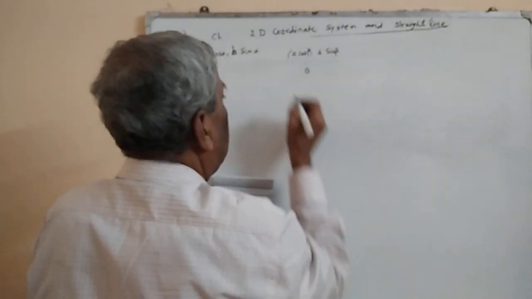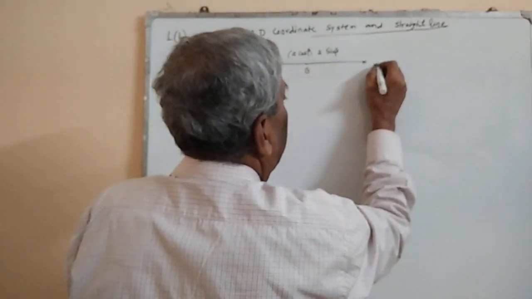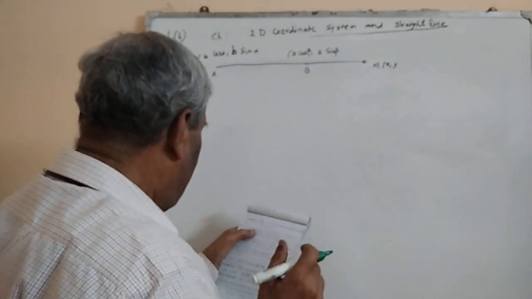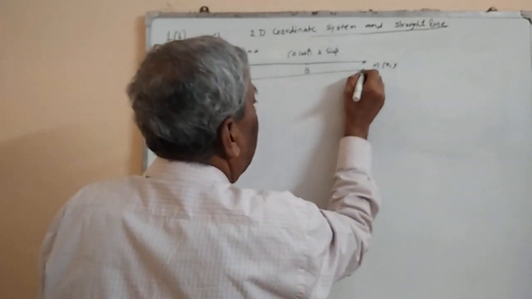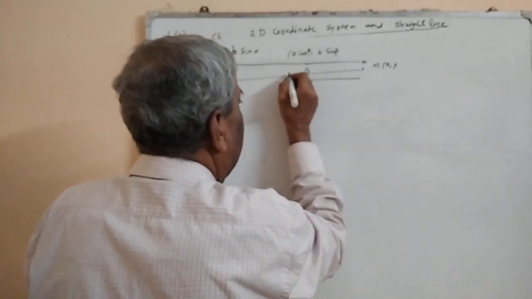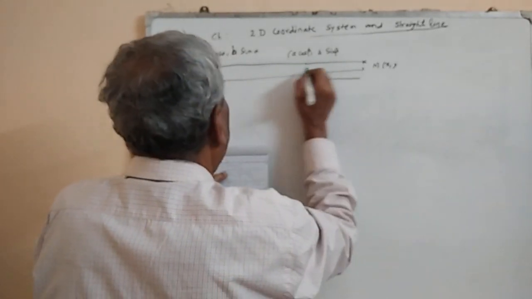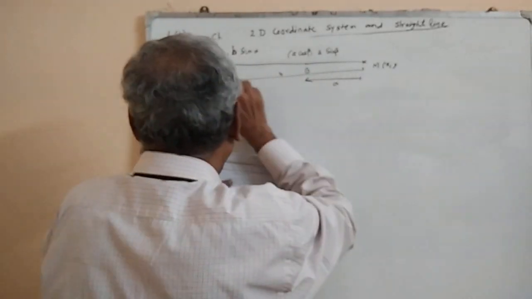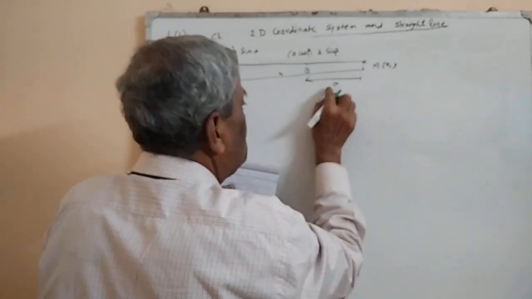AB is produced to meet M on xy such that AM is to MB. From A to M, this length, and M to B, this length, is B is to A. That length is B and that length is A. So AM is to MB is B is to A.